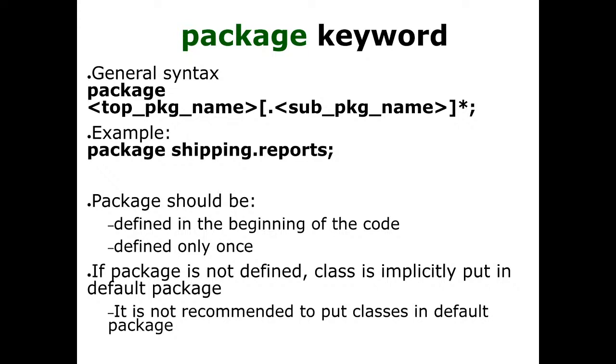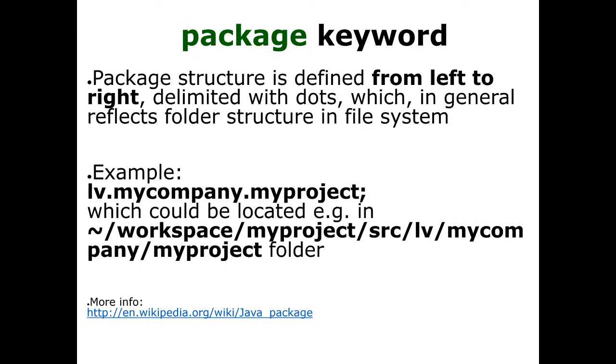The package structure is defined from left to right, again delimited with dots. So we go from general to more detailed, let's call it this way. In general it refers to the folder structure and file system. I think it's pretty straightforward.